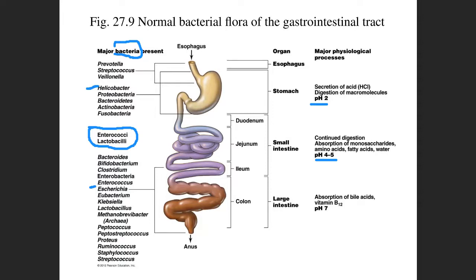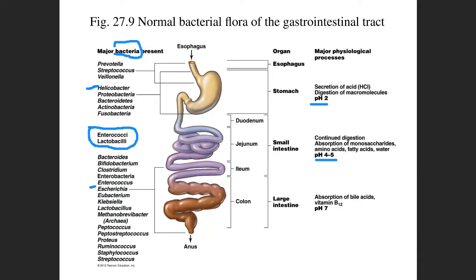Yeah, so you only get this from your mother? No, you do get it from everywhere. As you grow older, these bacteria can colonize, but what's reported is that the ones from your mother actually persist a lot more than the ones that you get as a teenager or 20 something or 30 something.